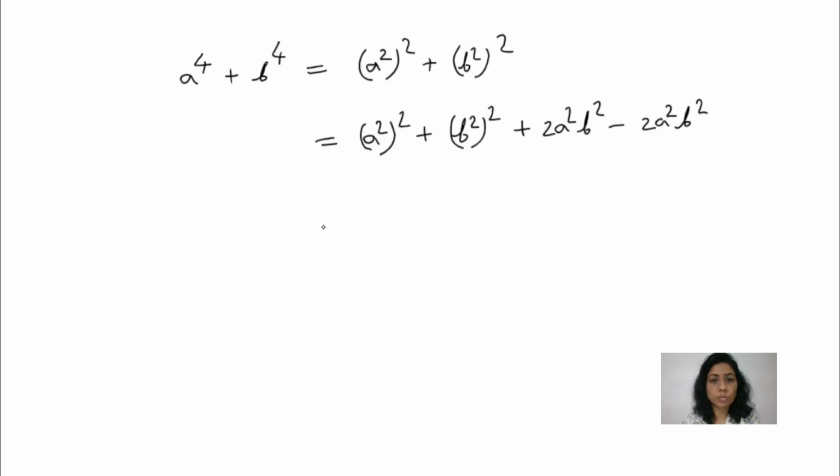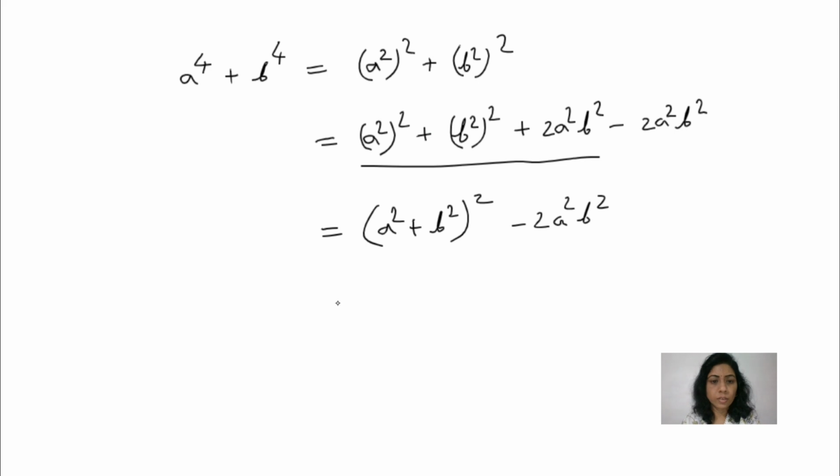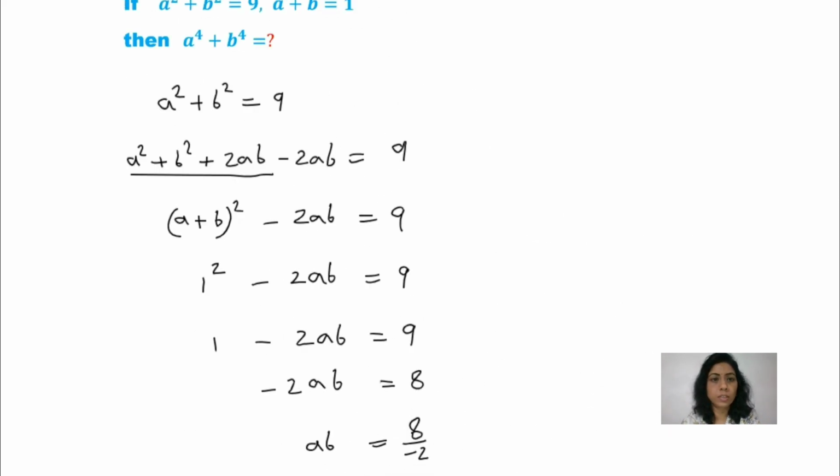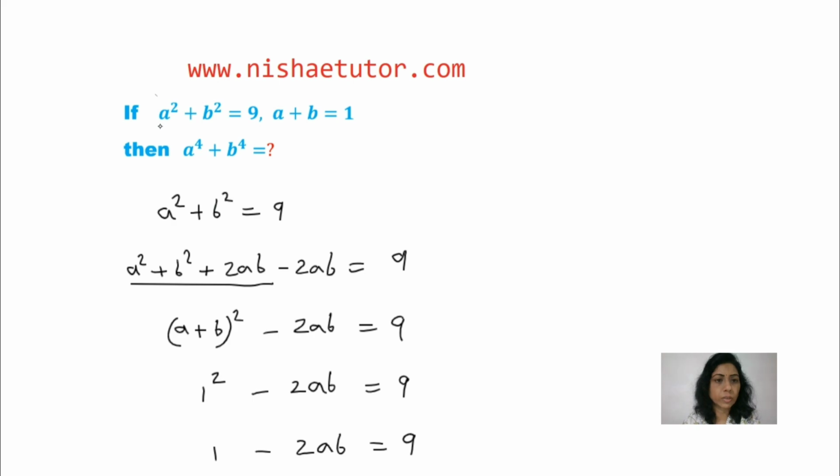Okay, so here this one we can write as a square plus b square whole square, according to the algebraic identity, minus 2a square b square. So what is the a square plus b square value? It is given, this is 9.